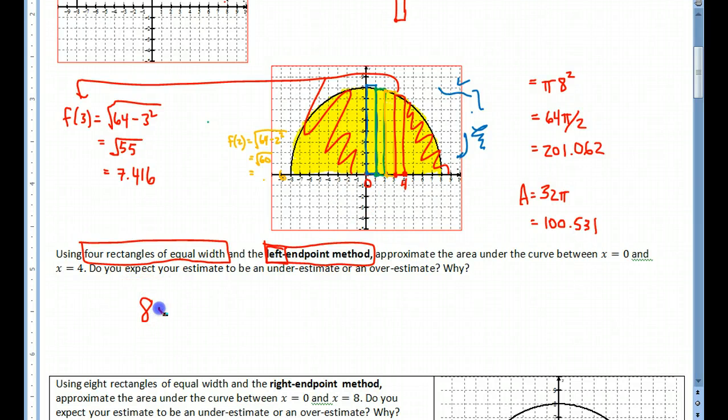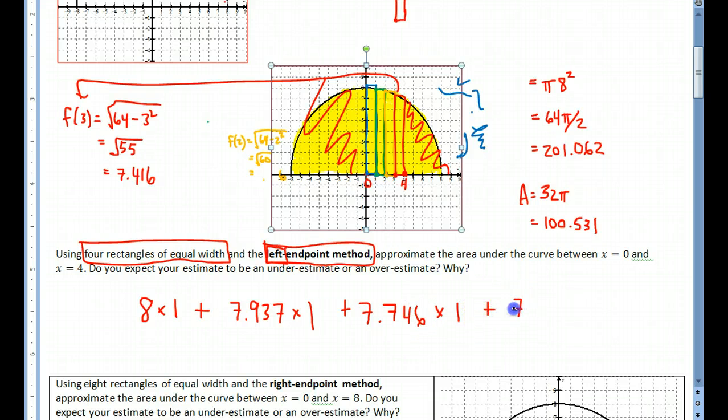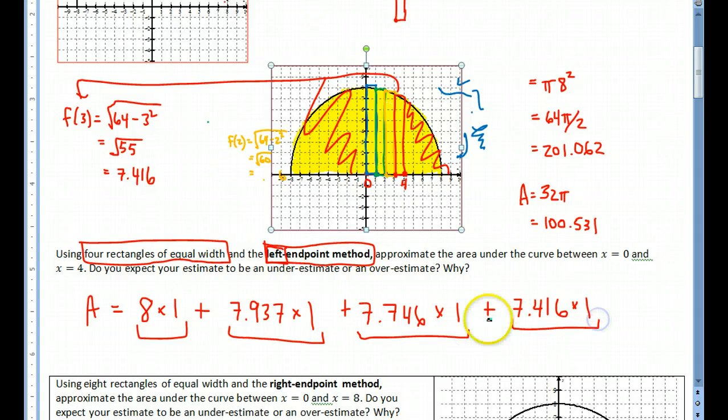It's just going to be 8 times 1, plus, what was the green? 7.937 times 1, plus 7.746 times 1, plus 7.416 times 1. So that's what the area would equal. It'd be 4 different rectangles. Here's one rectangle, rectangle, rectangle, rectangle.